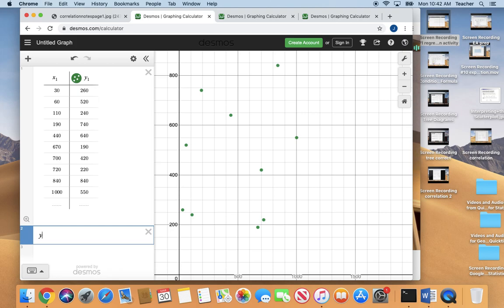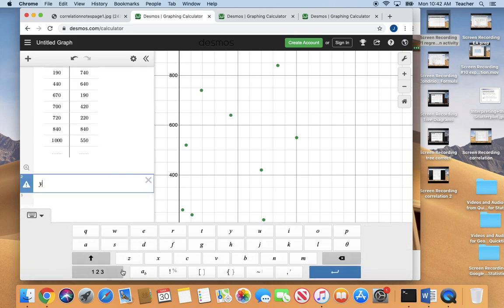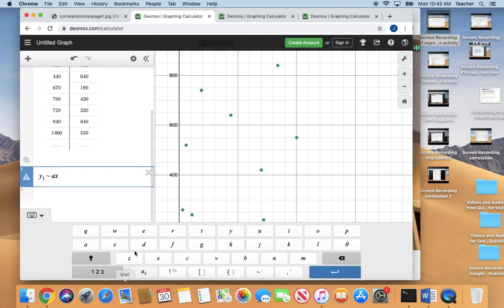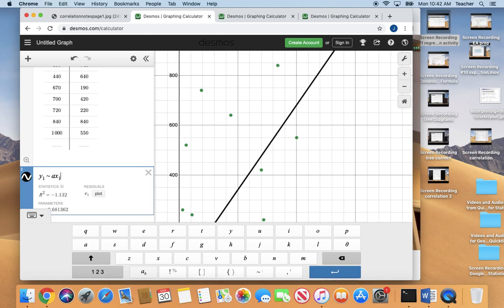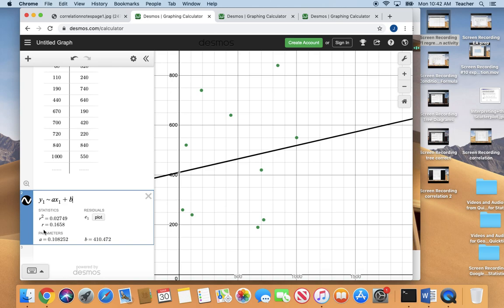In fact, if I type in y1 is approximately equal to ax1 plus b, you'll notice it says R is 0.165. That's a very weak positive linear correlation, but it's not useful for making predictions. So really here, it's so weak that you would say this scatter plot doesn't look like it has any correlation at all. And why do I say no correlation at all?